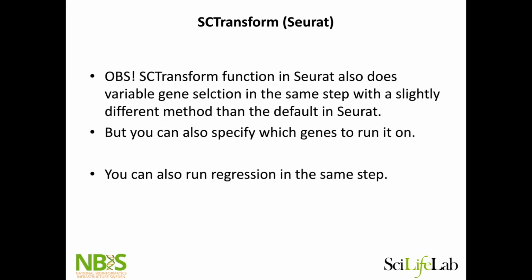And if you run it in Seurat, it actually does variable gene selection in the same step. And you can also add regression factors in the same step, so if you want to regress out certain factors.